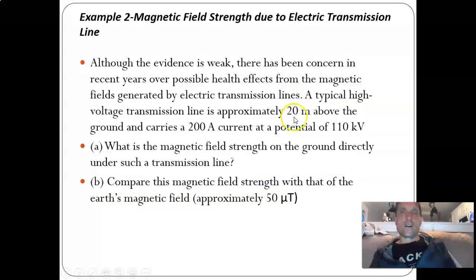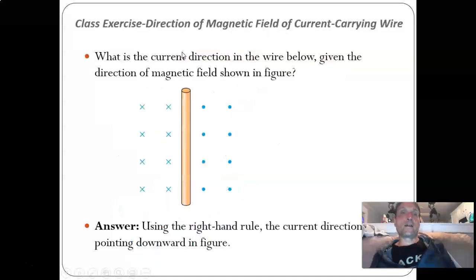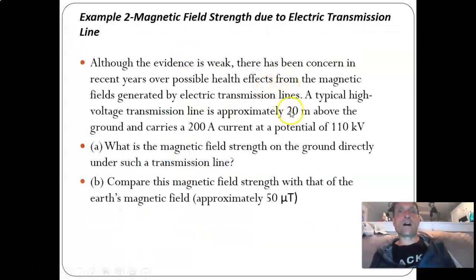So to do this, for the field due to a wire, we need to know how far it is from the wire to the ground, which is R, and we need to know the current I in the transmission line. And so we're given that. We're given R is 20 meters. So these transmission lines are about 20 meters above the ground.